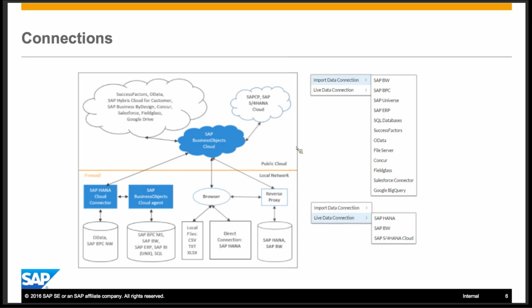Then we have cloud databases such as SAP Cloud Platform and S/4HANA Cloud as well. And then we can also go to a local network, such as BPC, BW, ERP, and we have a live connection to some other on-premise databases like SAP HANA and SAP BW.